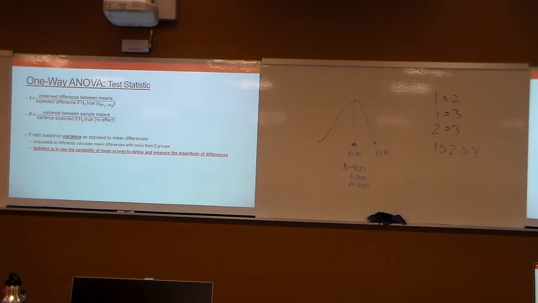Well, what we can do is use variability as a proxy for differences across my groups. Then I can use the same basic ratio format that I use for my T statistic to calculate an F statistic. I'm going to look at the differences between my sample means and divide that by the differences expected if the null hypothesis is true.